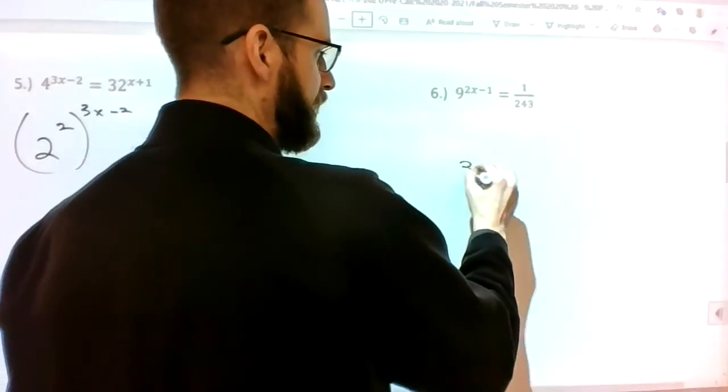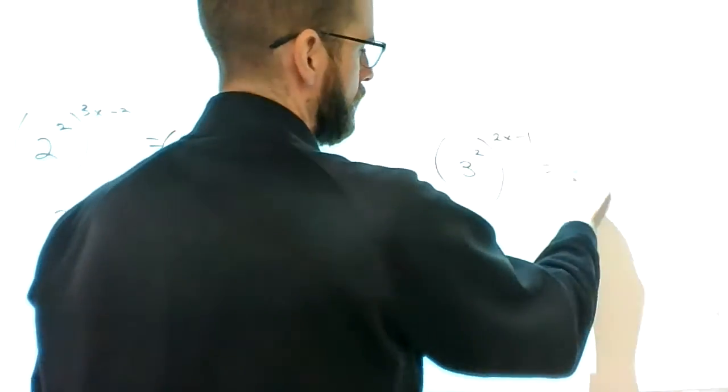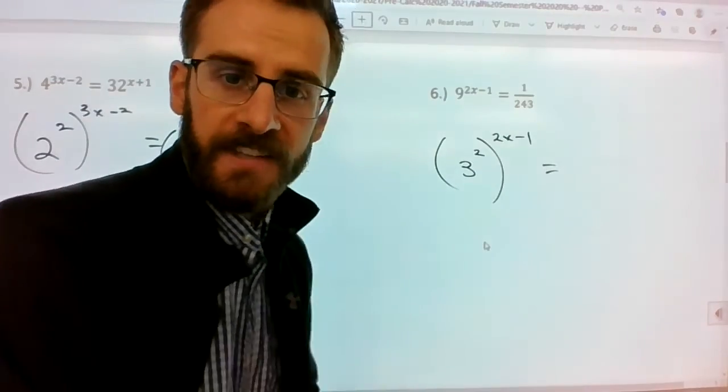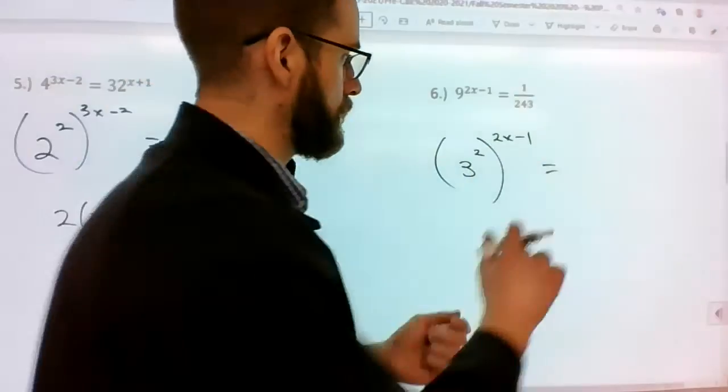This will be 3 squared to the 2x minus 1. 243, that's going to be 81 times 3. That's going to be 5 3s, but it's going to be to the -5 power.